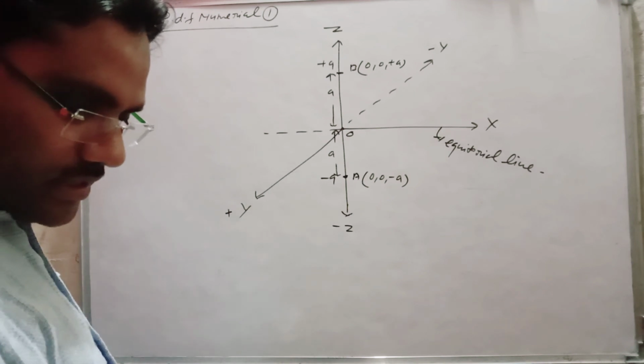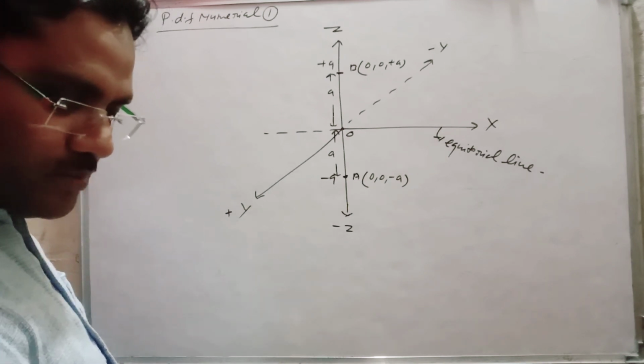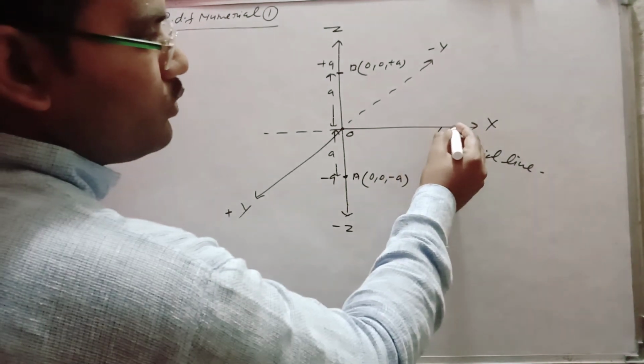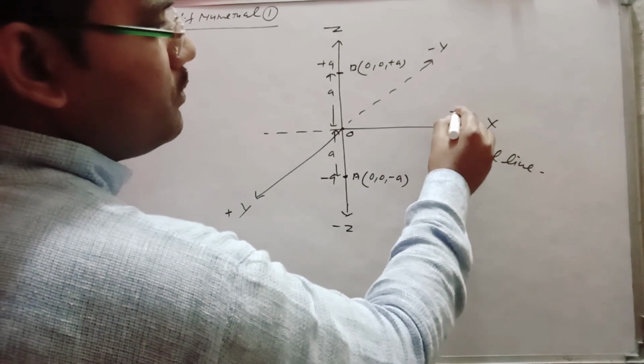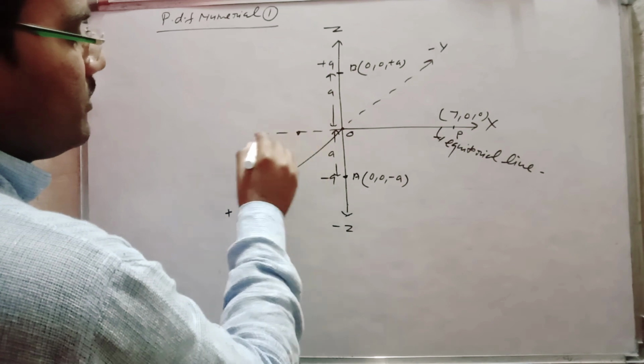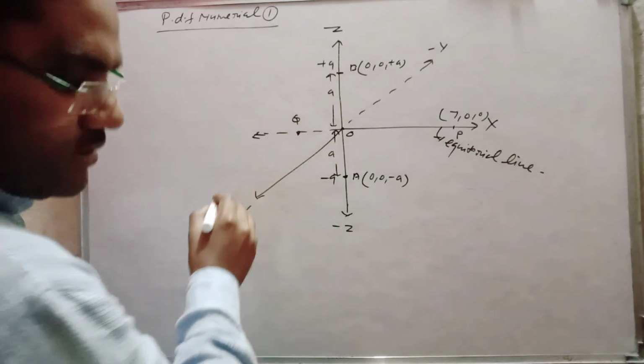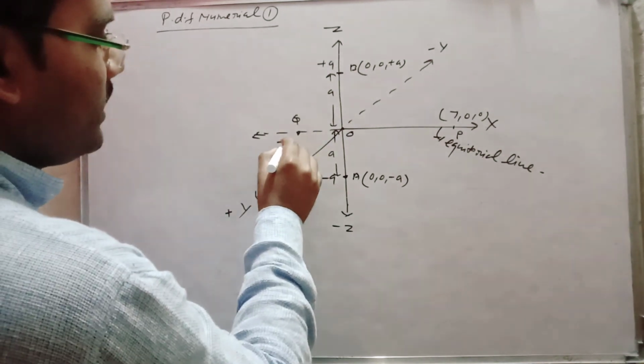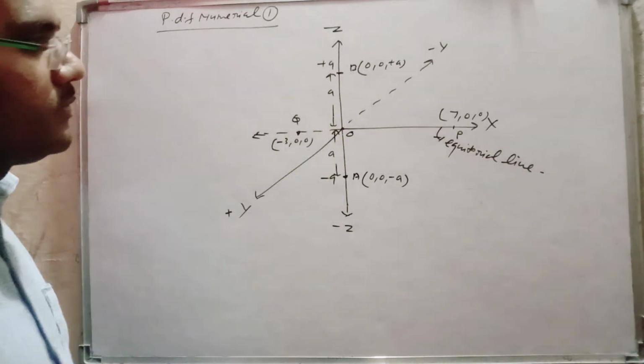And a test charge moves from P to Q. This one is P at 700, and this one is Q at -300.